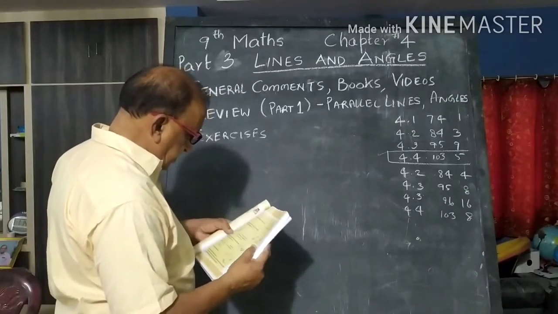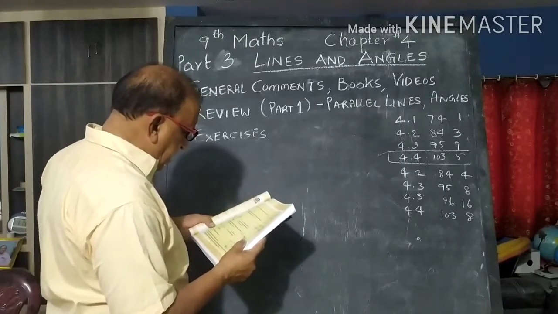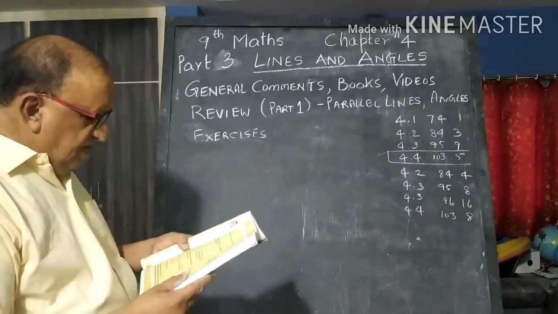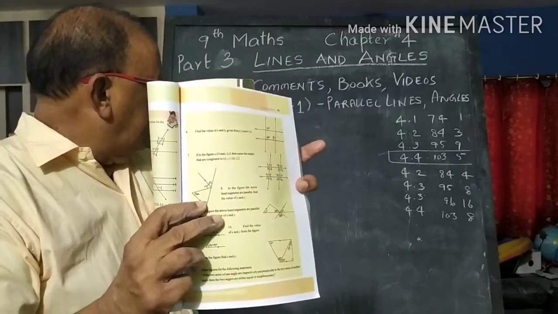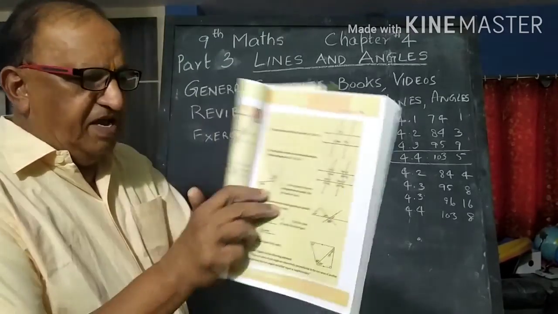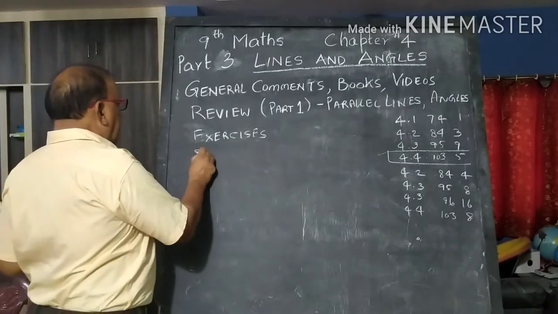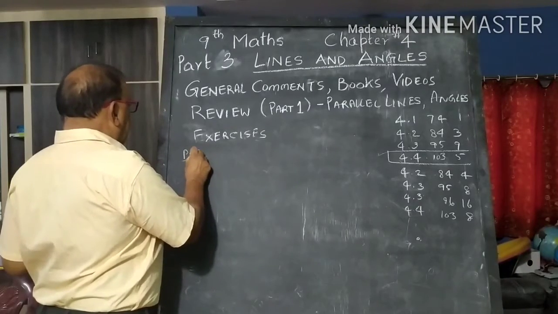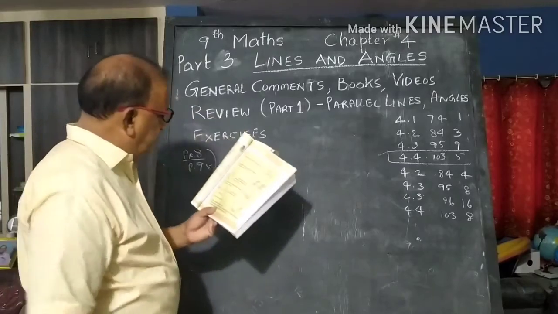In the figure, arrowhead segments are parallel. Find the values of x and y. You can see here this is problem number 8 on page number 95. Okay, I will draw the picture here.